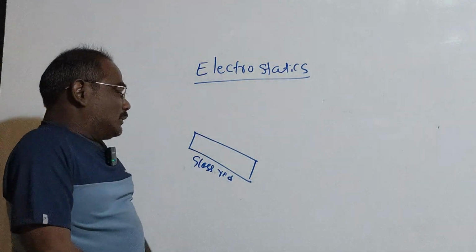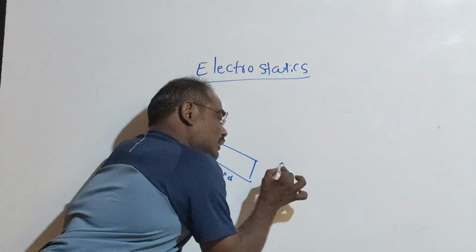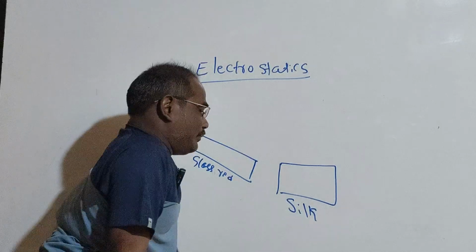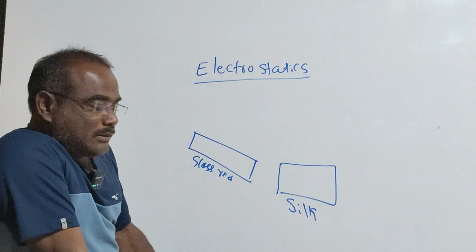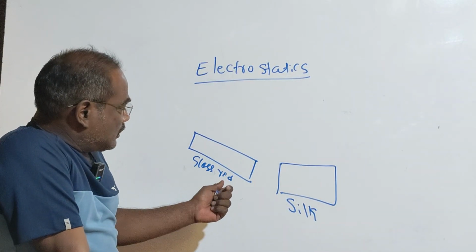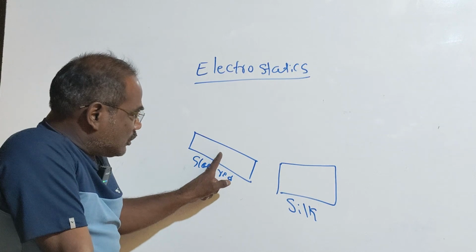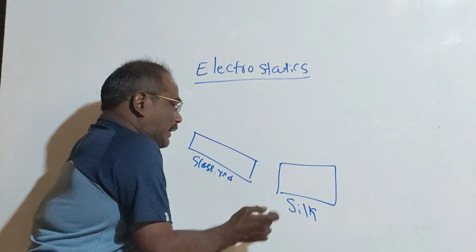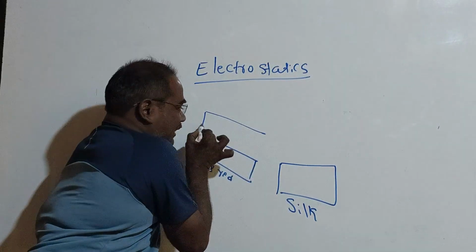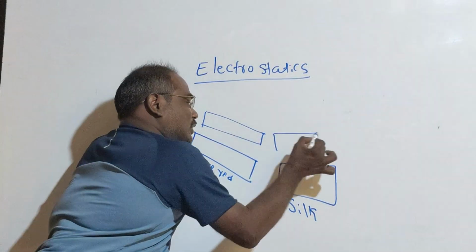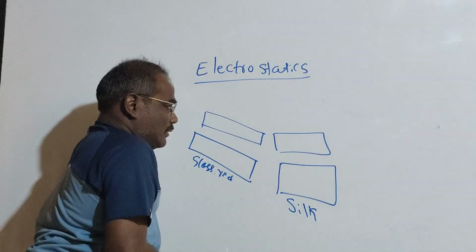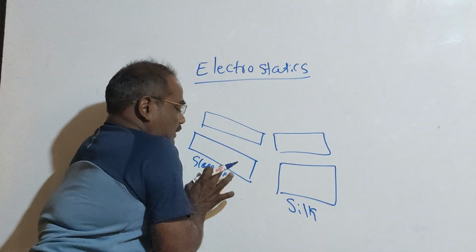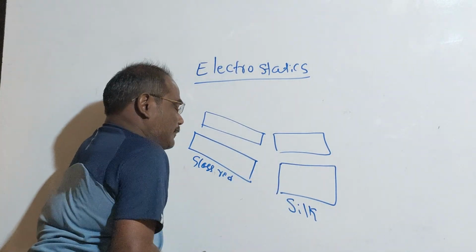A glass rod is rubbed with silk. I will repeat this experiment with another glass rod and silk. I am going to rub this glass rod with the silk and this glass rod with the silk.